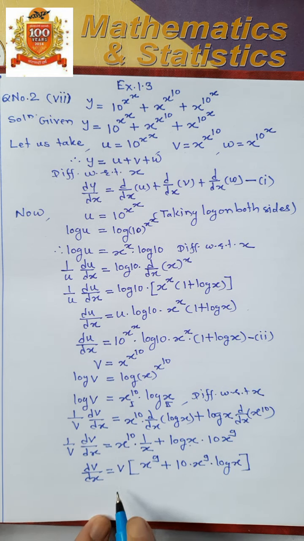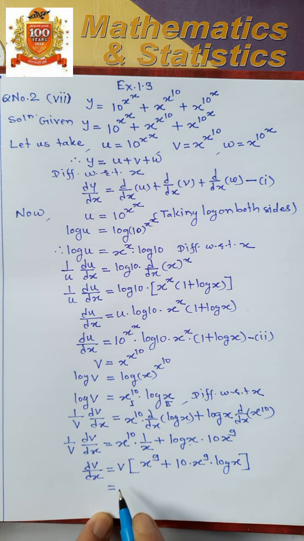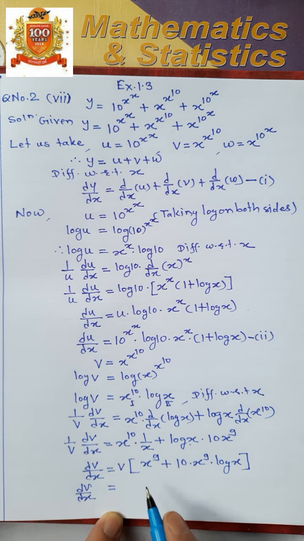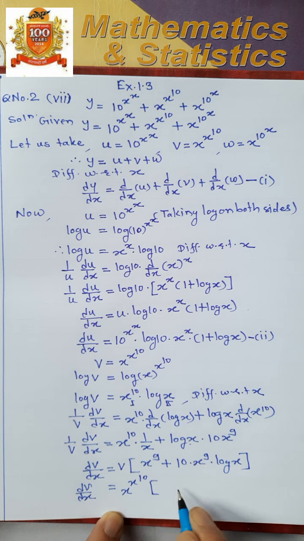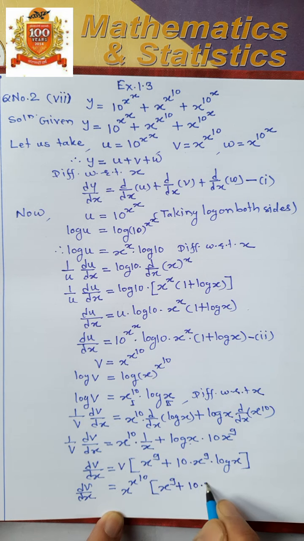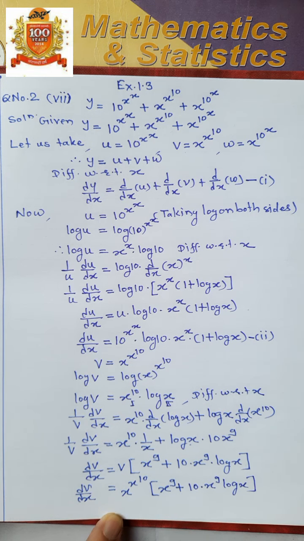Now put the value of v, which is x raised to power x raised to power 10, in bracket x raised to power 9 plus 10 into x raised to power 9 log of x.